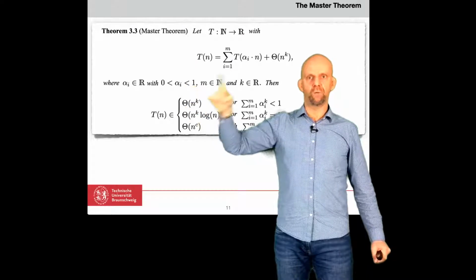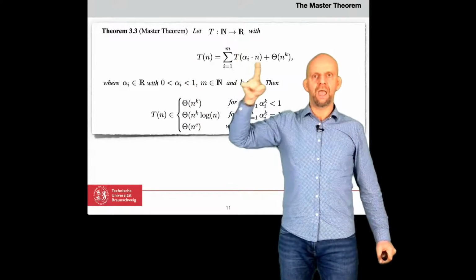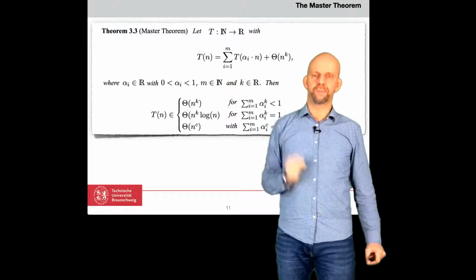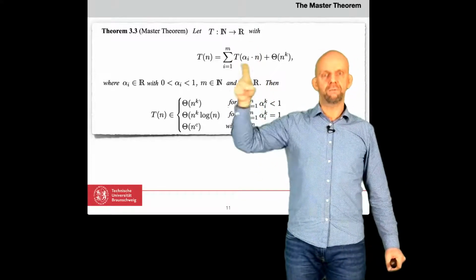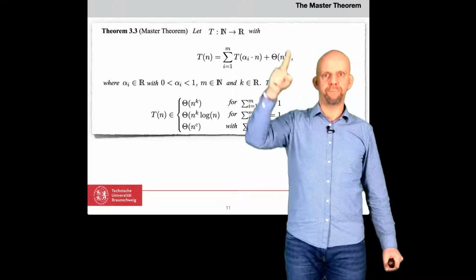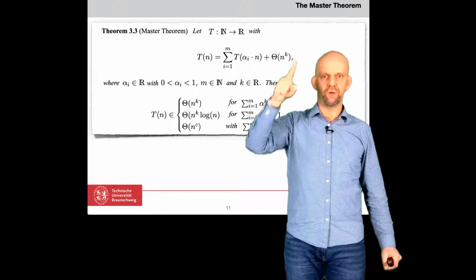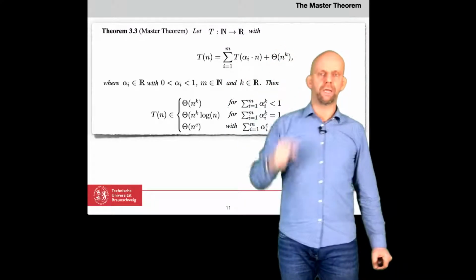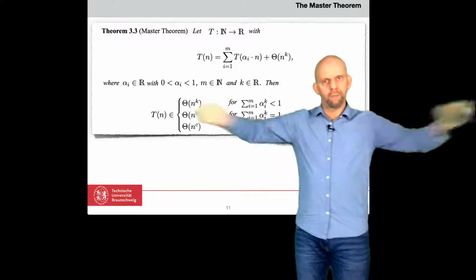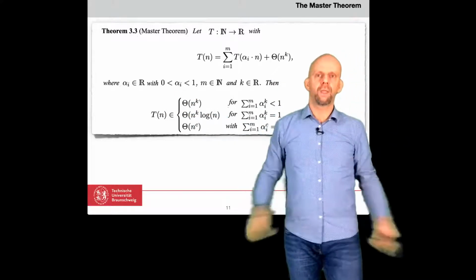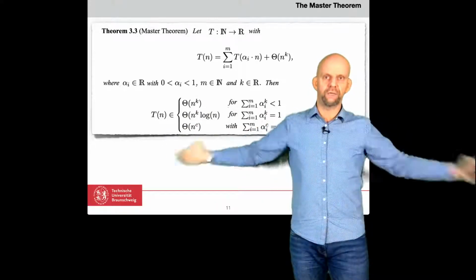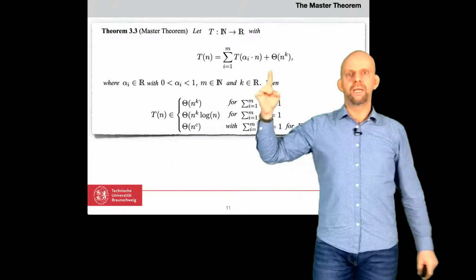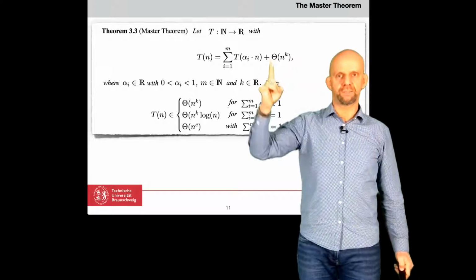See, this is less than 1, so this is less than n, and you solve these. Solving these is something you do recursively, but there's some amount of overhead, theta of n to the k. So the cutting up, dividing, and the merging, conquering, combining, whatever, incurs a certain cost.